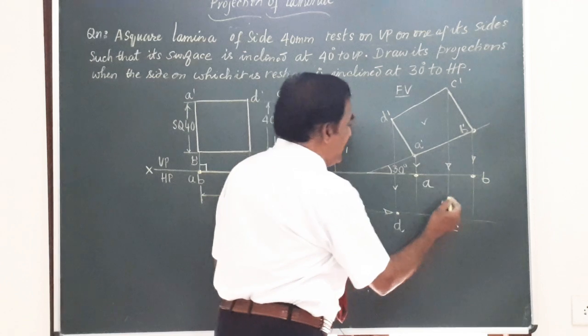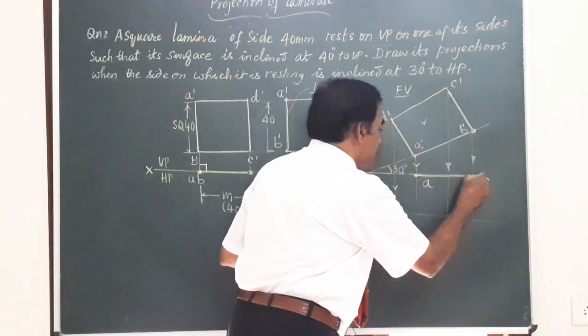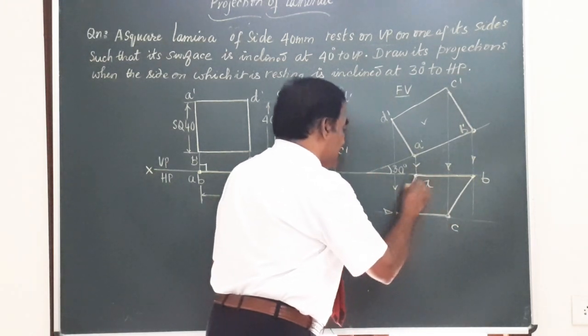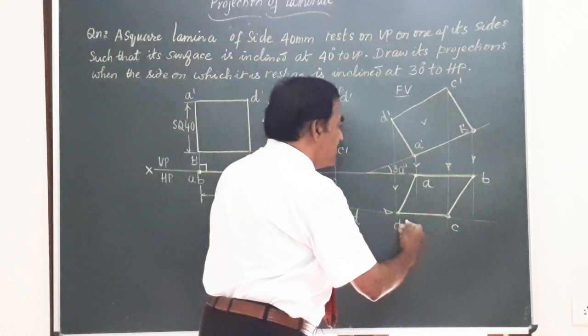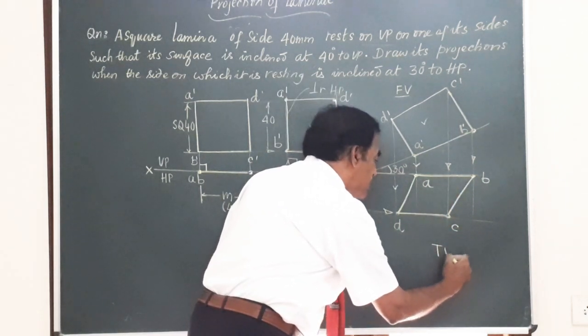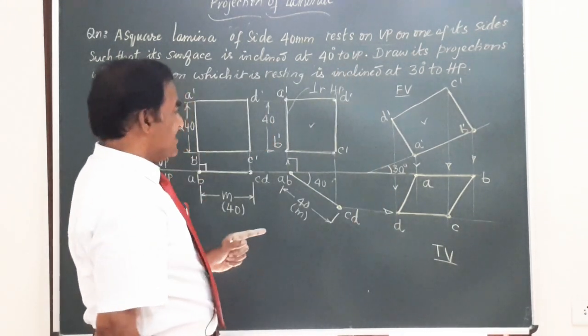Join them by straight lines. So I am going to join a and b by straight line, b and c, c and d and a. Friends, this figure abcd will give you the final top view of the lamina which is resting on VP on one of the sides.